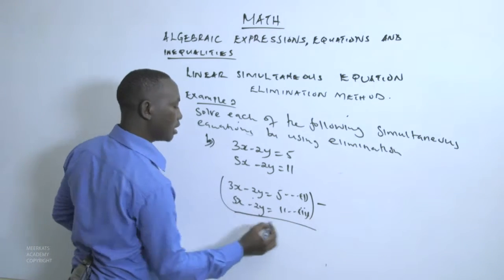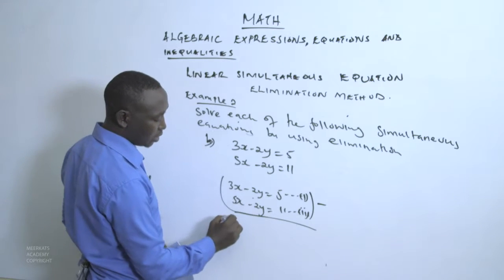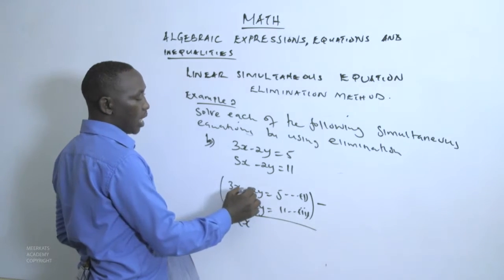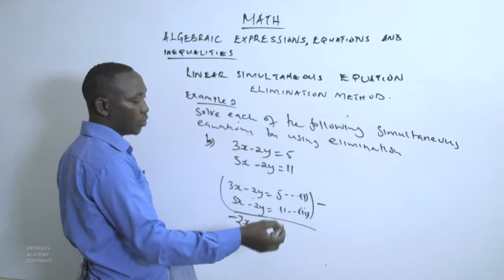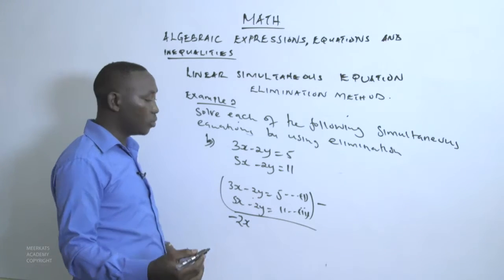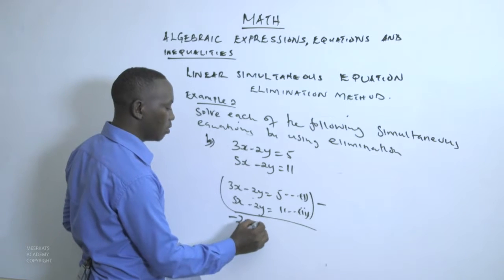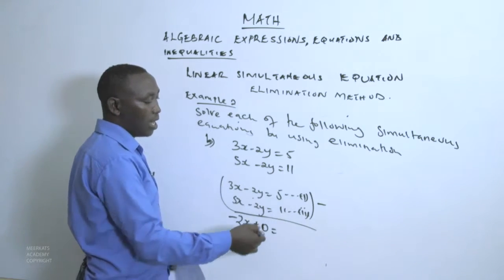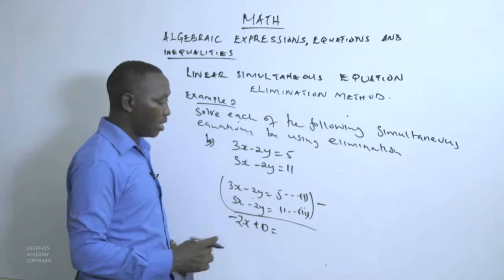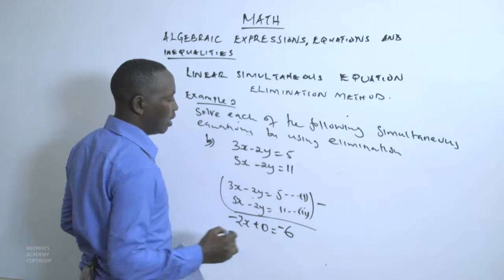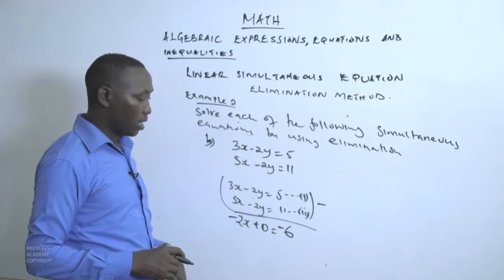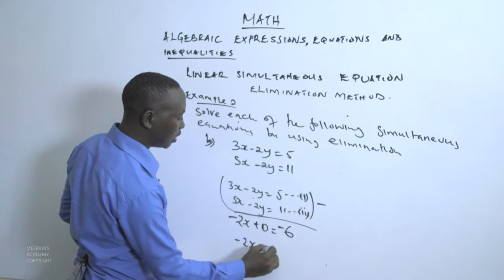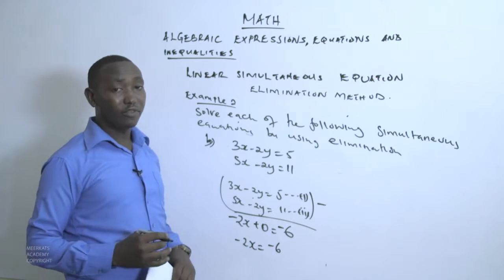When you subtract, you'll get 3x minus 5x to be minus 2x. When you subtract minus 2y minus minus 2y, that will be minus 2 plus 2, which is 0. So plus 0 is equal to, subtracting the right hand side, 5 minus 11, negative 6. Therefore the third equation is negative 2x is equal to negative 6.